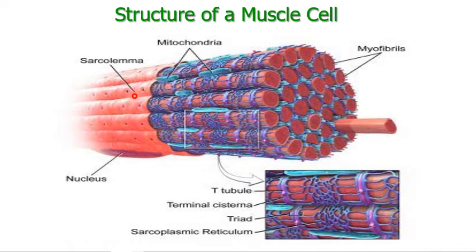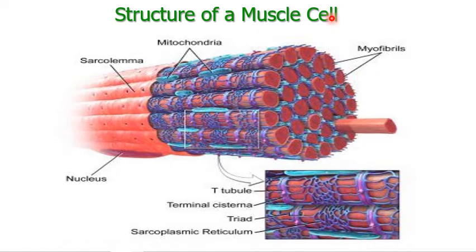Here you can see the opening which allows the nerve impulse, the signals obtained from the nerves, to pass through these pores, and then with the help of the T tubule it signals the sarcoplasmic reticulum, and again there will be a movement. This is the structure where you can find the muscle cell mechanism, what happens here.